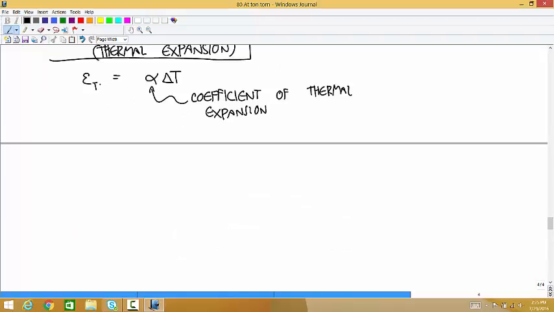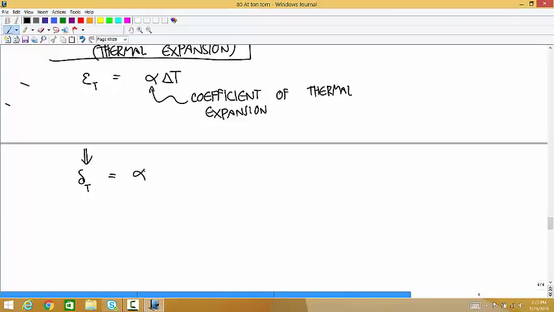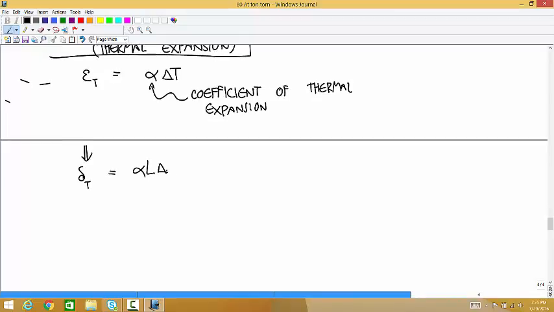And if you go through the same thought process that we did for expansion due to internal tension, you get that the elongation of a material due to temperature change is equal to the coefficient of thermal expansion times the length times the change in temperature. And this is the one we're going to use.